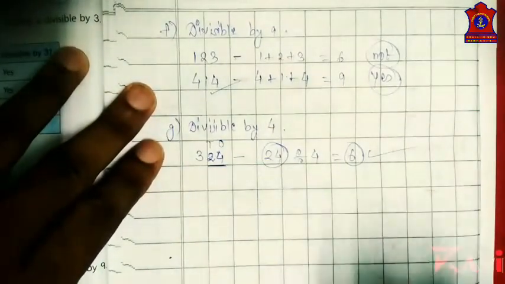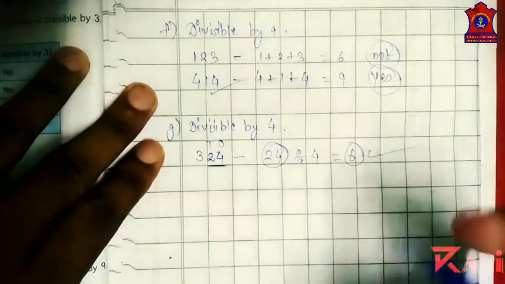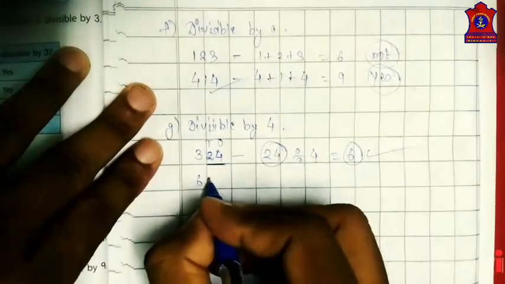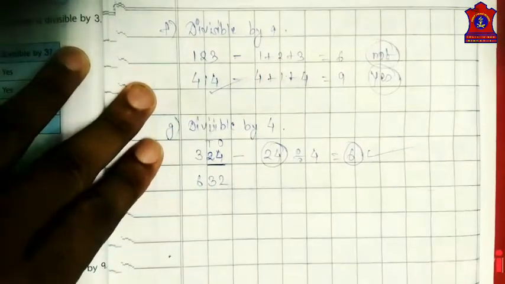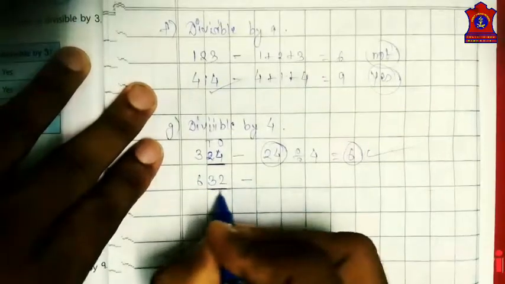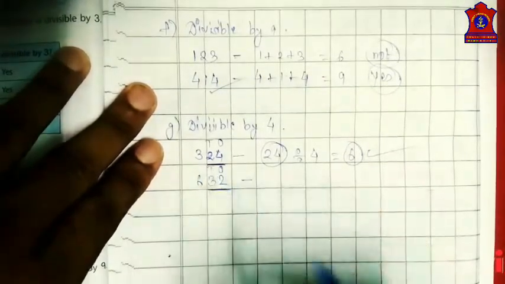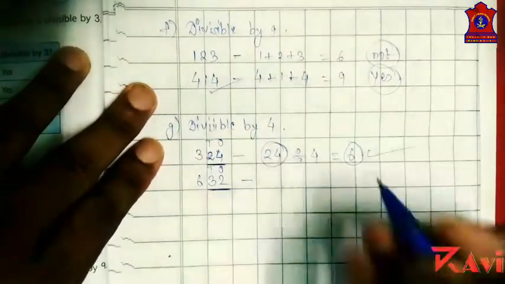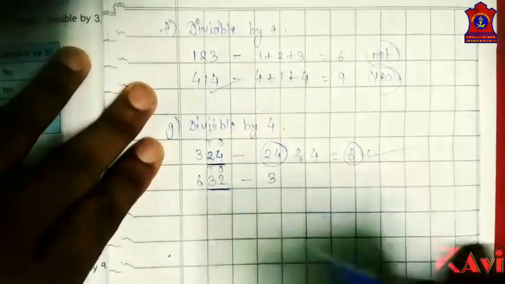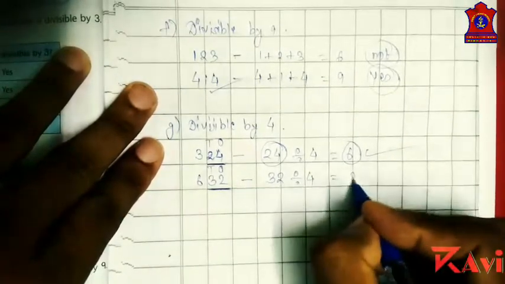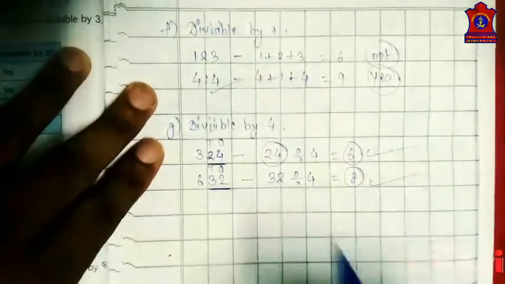Similarly, we can take one more number like 632. Now look at the digits at ones and tens place. 32. Is 32 in 4's table or not? Or is 32 divisible by 4 or not? 32 divided by 4. 4 8s are 32. Yes, it is also divisible.